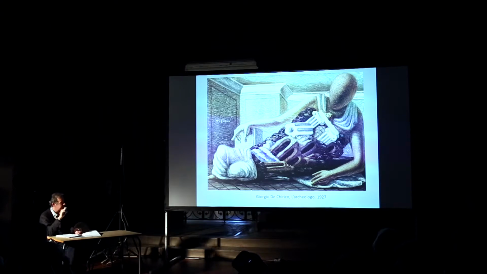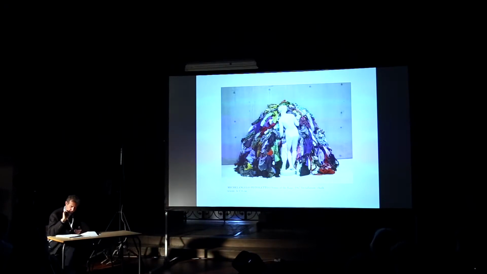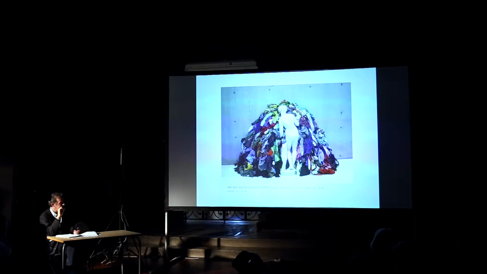Then, after the modern time, we come to the mid-60s. I would talk about some masters of the arte povera movement. And here we have Michelangelo Pistoletto, Venus of the Rags.